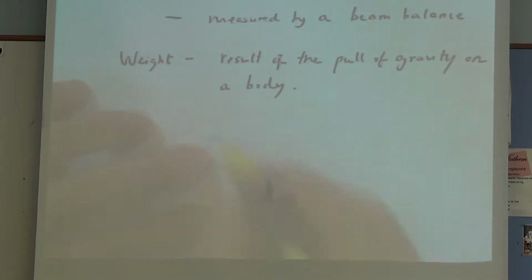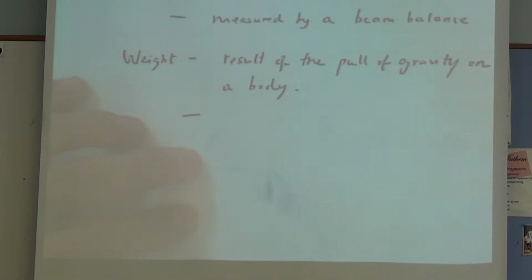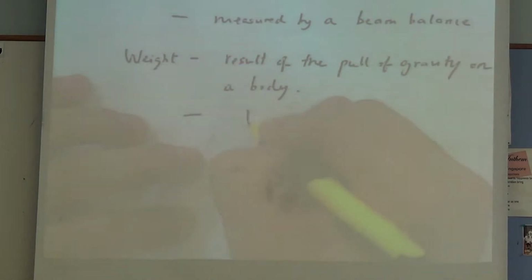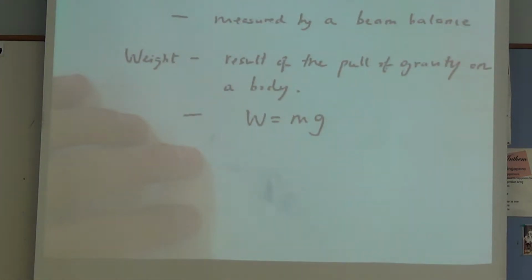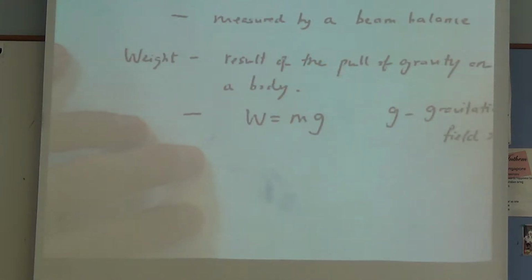Now, weight is commonly measured with this formula. It's the product of the mass and the gravitational field strength. So g is the gravitational field strength, and what is the value on Earth of g?